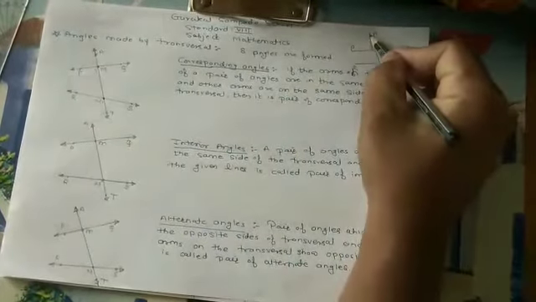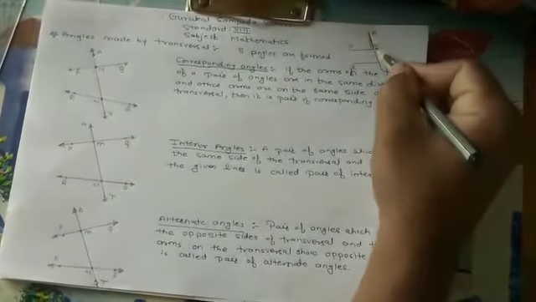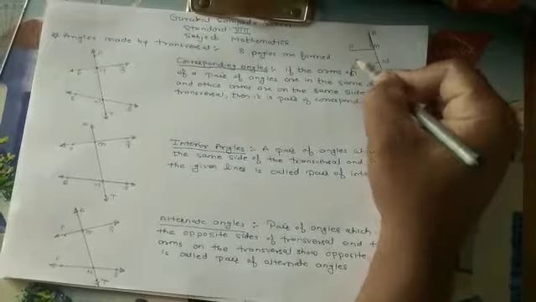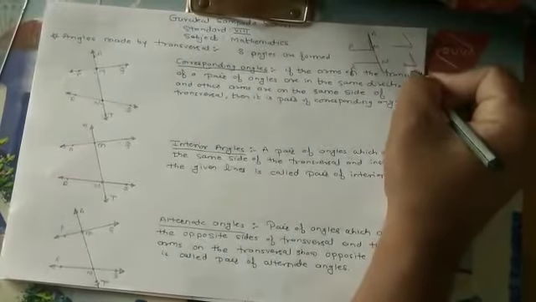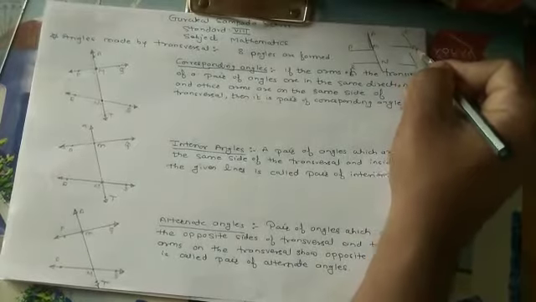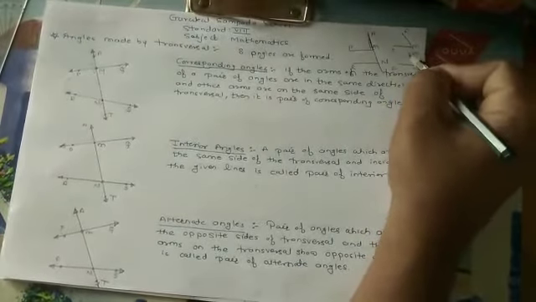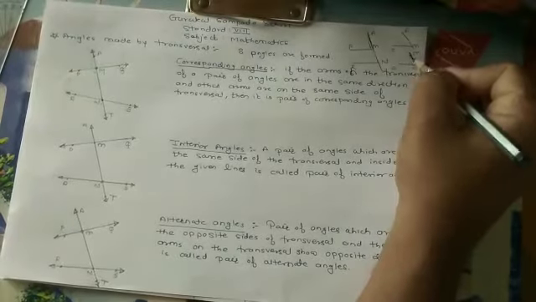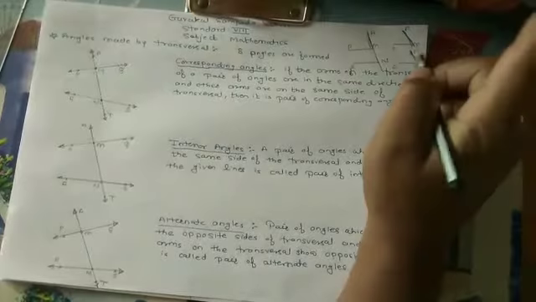Considering angle AMP and angle MNR, the arms on the transversal, this one and this one, are on the same side. This is the first concept.